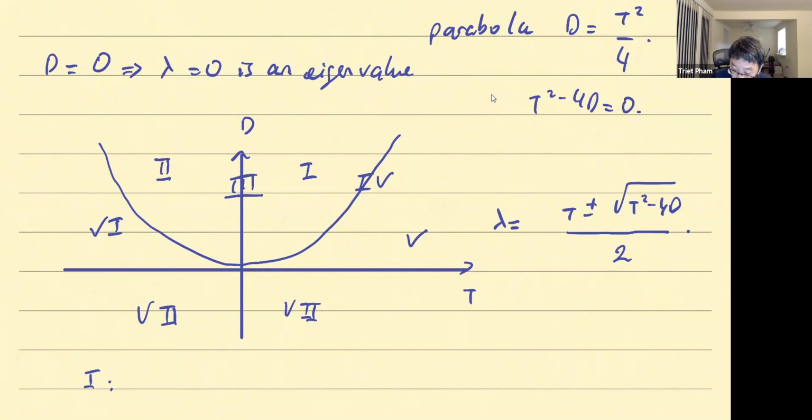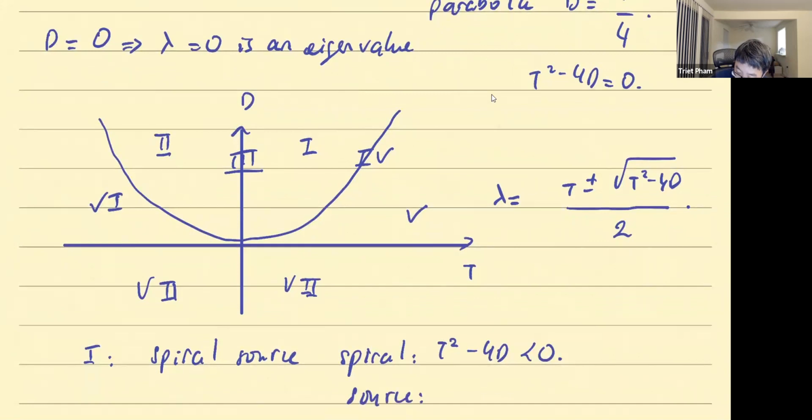Spiral, yes. First of all, it's spiral because t squared minus 4d is negative, so it's complex for sure. And 1 is for t positive, so that is a source. So yes, 1 is a spiral source. Spiral because t squared minus 4d is negative, and source because t is positive.